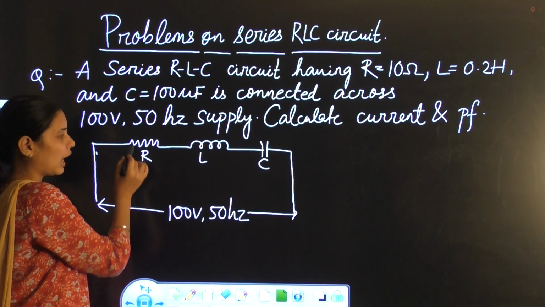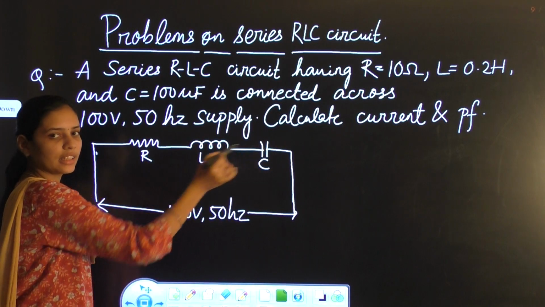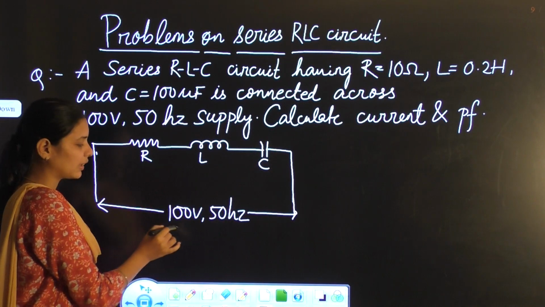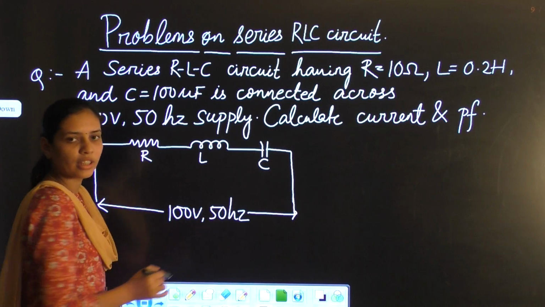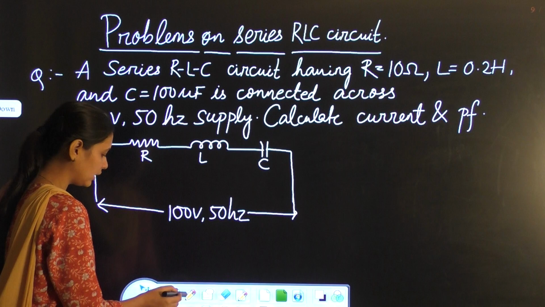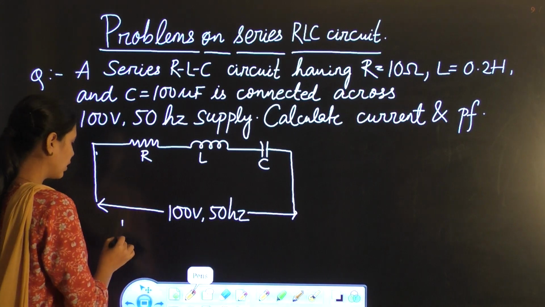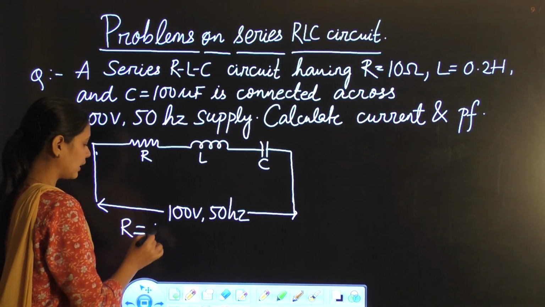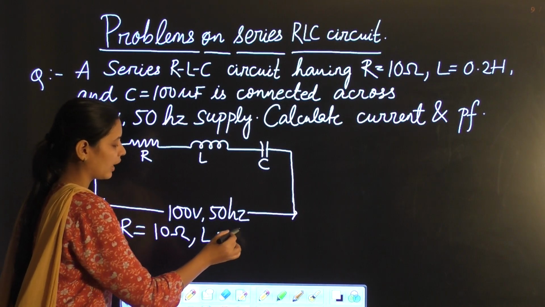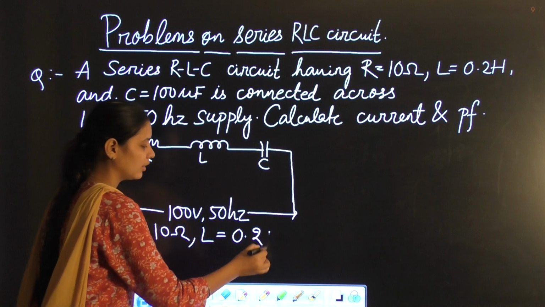So R, L and C are all connected in series with the AC voltage supply, that is 100 volt, and the frequency is 50 hertz. Let me first write down what is given. R is 10 ohm. L is 0.2 Henry.